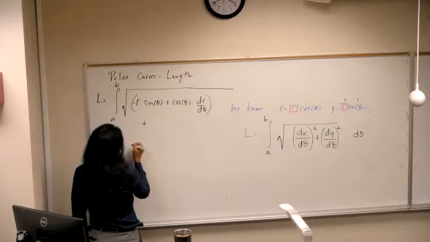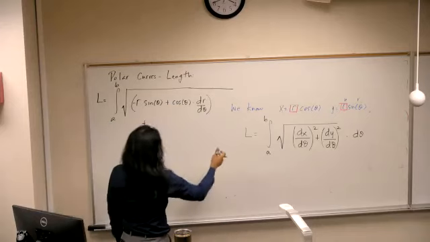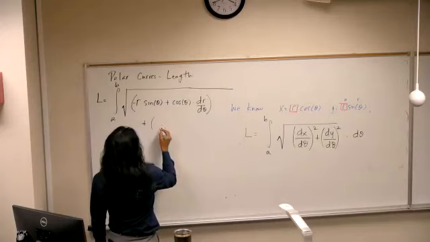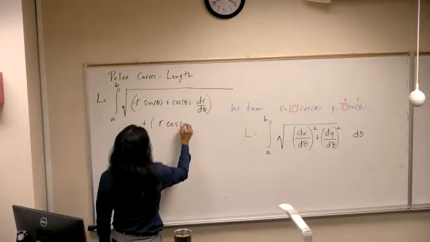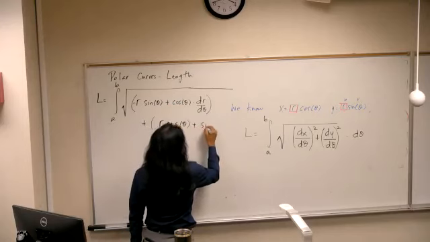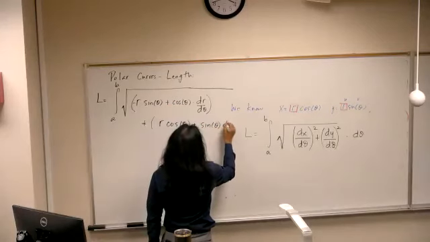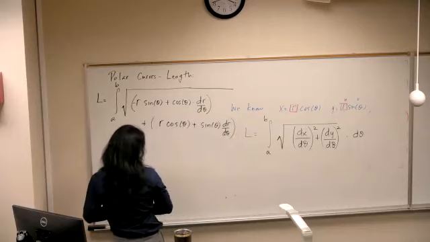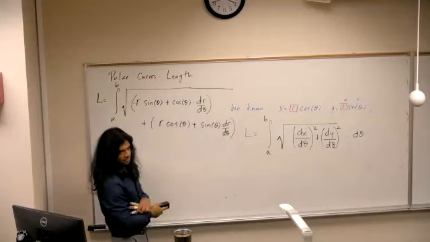Plus dy over d theta, you would have r cosine theta plus sine theta times dr over d theta. Erase the rest.